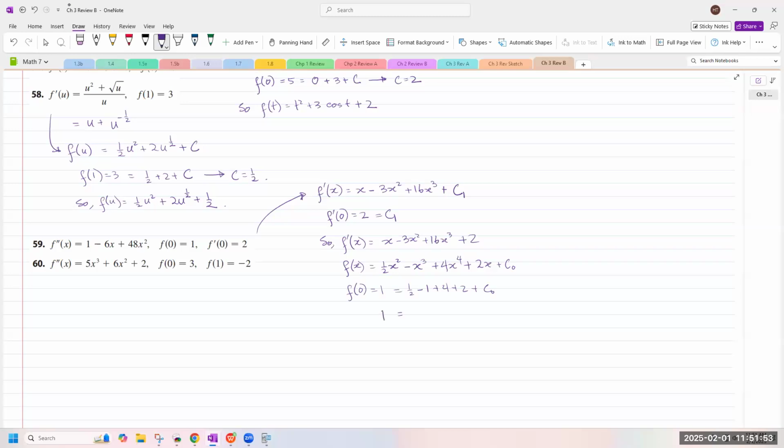Now f(0) is 1. So what is this? Negative 1/5.5, 5.5 plus c0 is 1. So c0 is negative 4.5. Am I right? I hope I don't miscompute that.